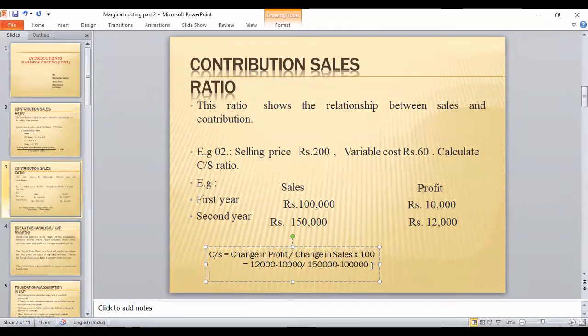And this we have to multiply by 100. So 12,000 minus 10,000 comes to 2,000. Divided by 1,50,000 minus 1 lakh, that comes to 50,000. Very good. Multiply by 100. That gives you the final answer.